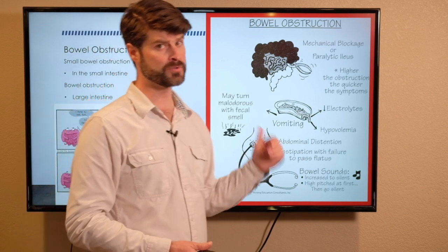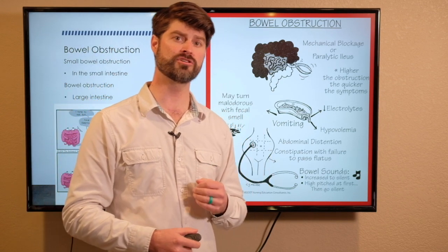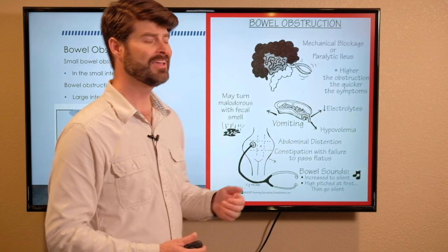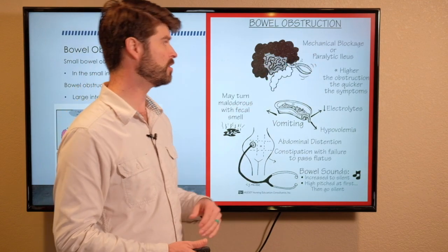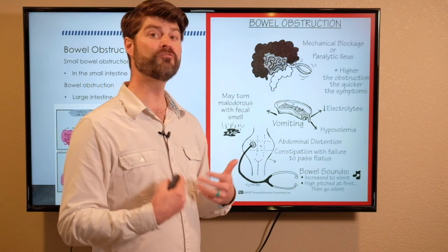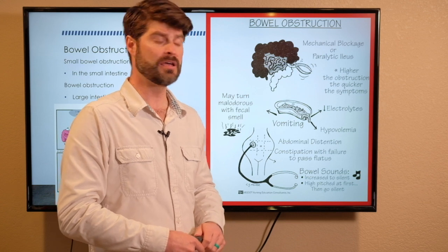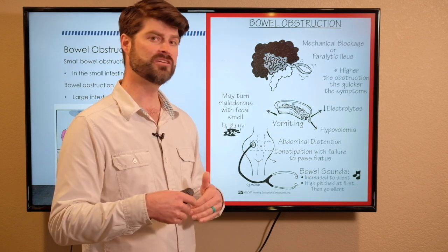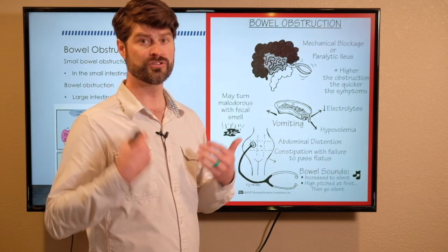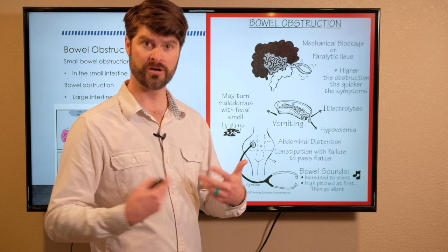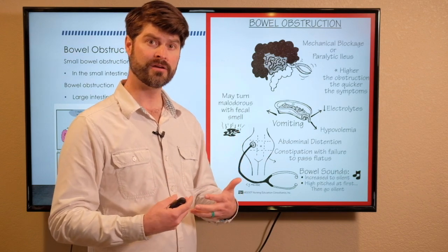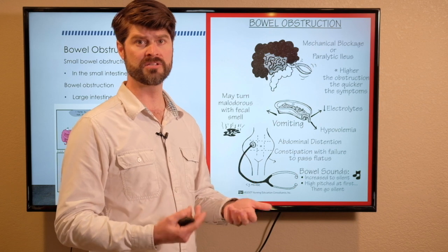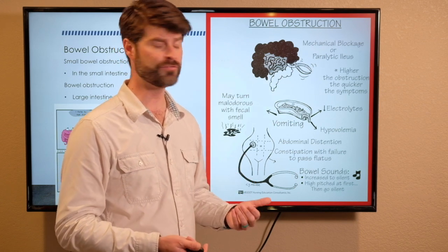Here's where it gets gross. Patients with a small bowel obstruction, so their small intestine, if they have a paralytic ileus or a blockage and develop a full small bowel obstruction, they're going to continue to produce stool content just from regular cell lining degradation and replacement, and also from continued ingestion of food material.